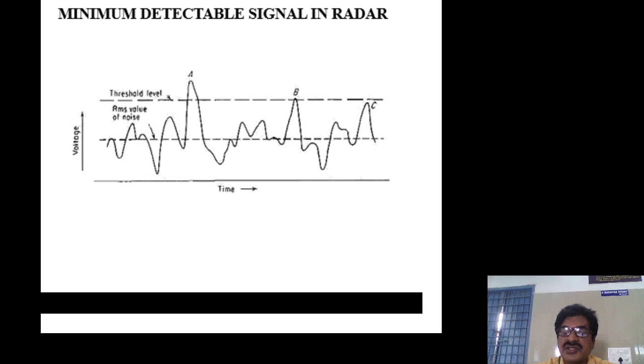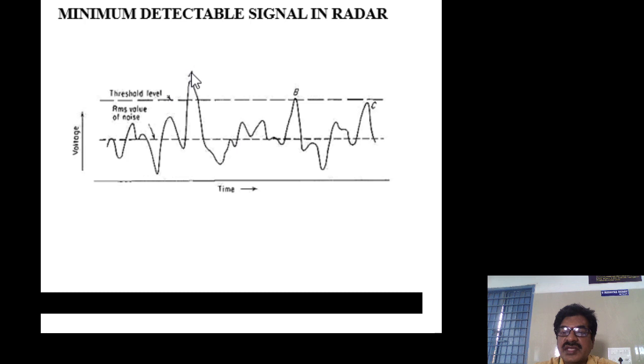Threshold detection is used in order to know the target. The signal peak which crosses the threshold level indicates the presence of the target. Suppose in this diagram, this is the threshold level maintained. Out of all this envelope, only some peaks cross the threshold level.